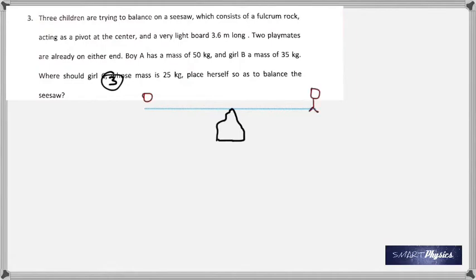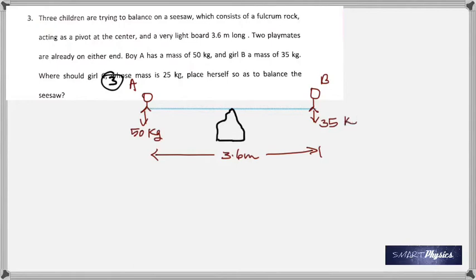One child is here, the other is at the other end. The length is given as 3.6 meters. So A has a mass 50 kilogram, B has a mass 35 kilograms, and let's assume that the third person is seated at a distance of x meters from the rock, the pivot, and she has a mass 25 kilogram.